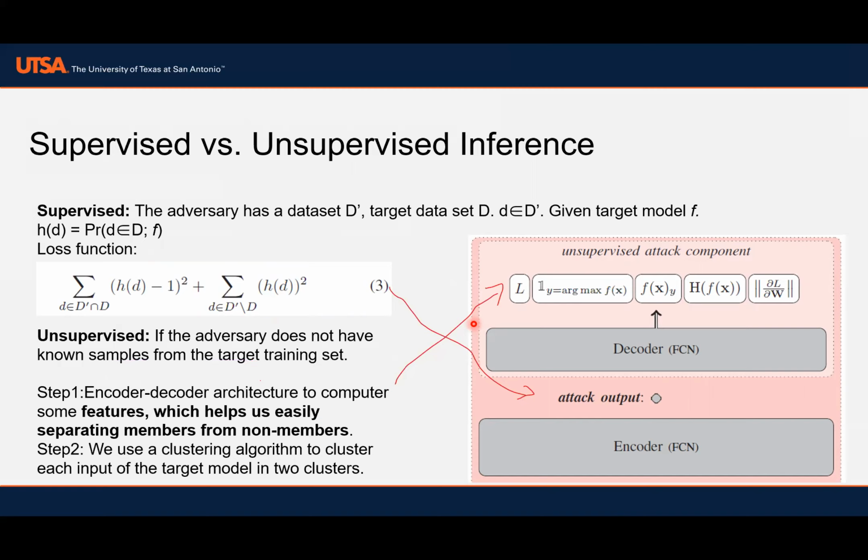But for the unsupervised one, how do you solve that? Because you don't know whether the example that you tested belongs to the original training data or not, right? You don't have any labels. So what are you going to do?